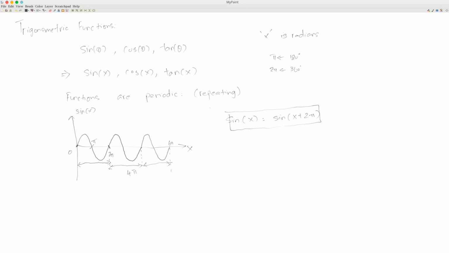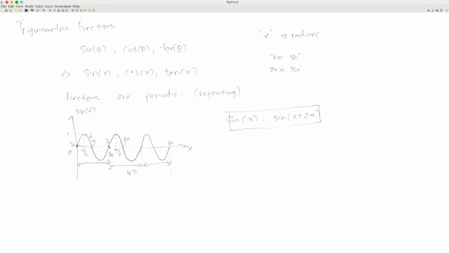So for instance, whatever I see here at 0 is exactly the same that I would see at 2 pi. Whatever I see at pi is exactly the same that I would see at 3 pi. So at pi over 2, I have a value of 1, and I add 2 pi to it, and at 5 pi over 2, I would have 1 again. So sine functions are 2 pi periodic.